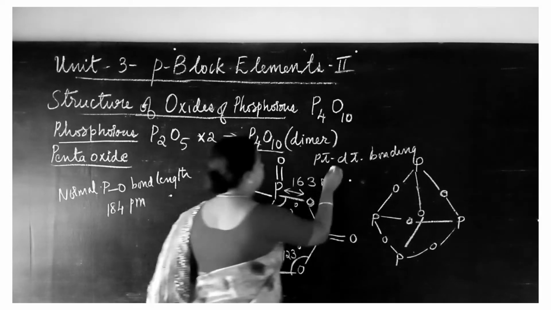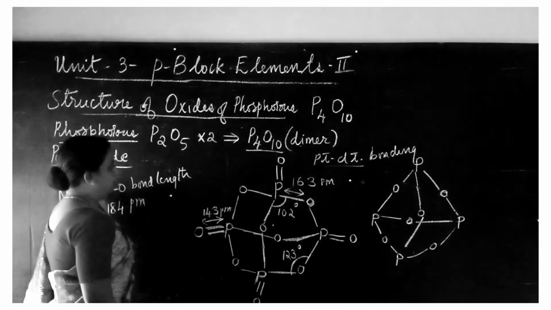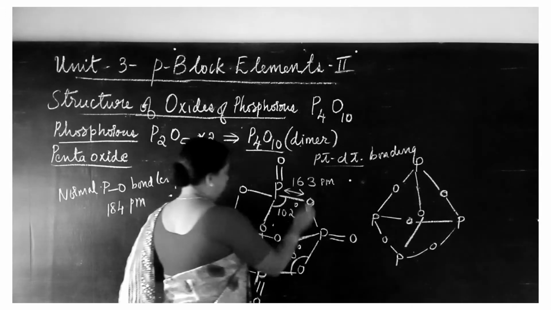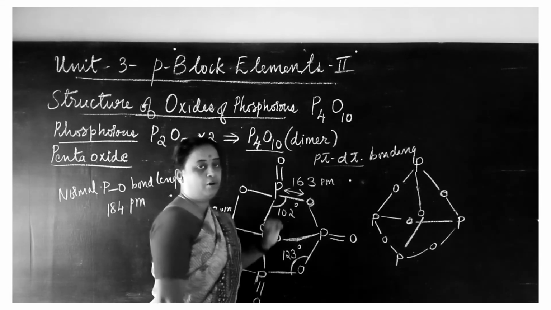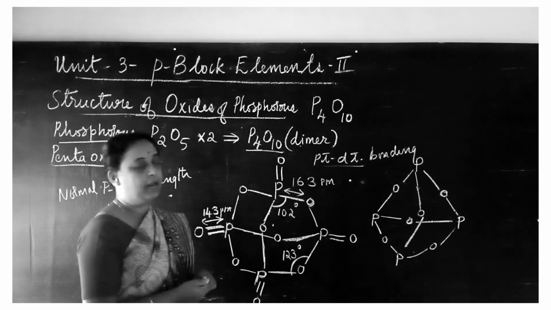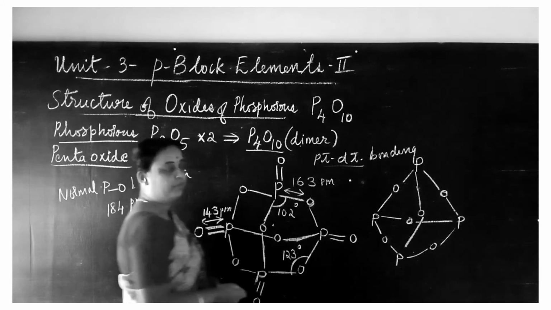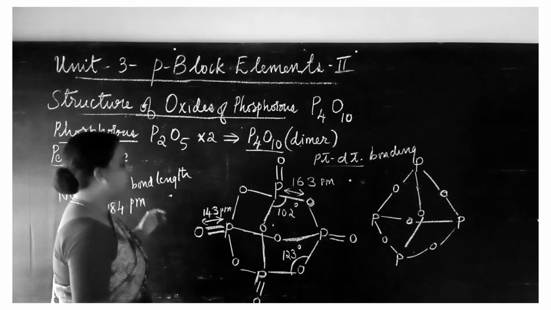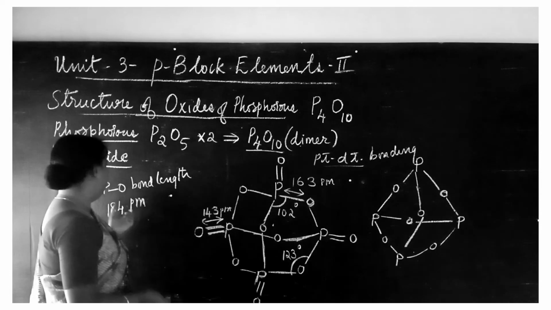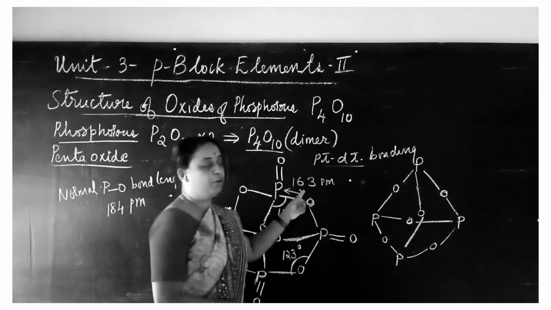Now what is the reason for this P pi D pi bonding? The phosphorus empty d orbital and oxygen's p orbital undergo overlapping and they form P pi D pi bonding. Okay, so it is for this reason the bond length has decreased from the normal 184 to 163 picometer.